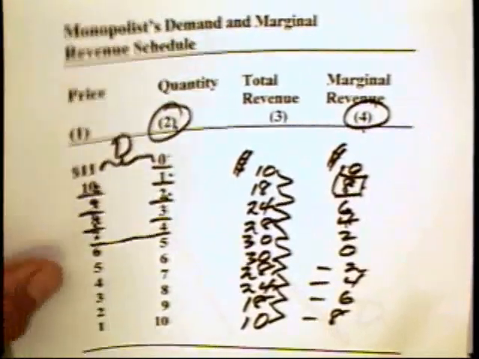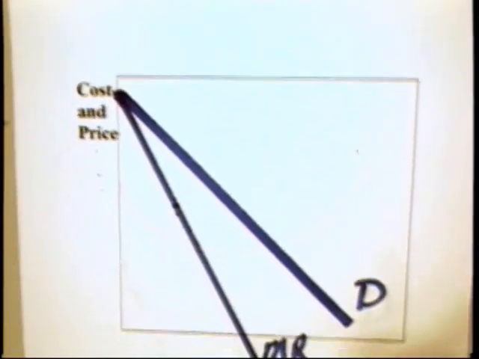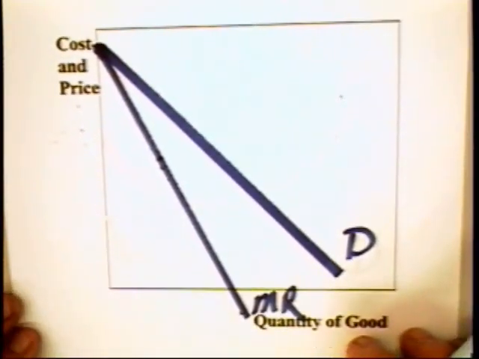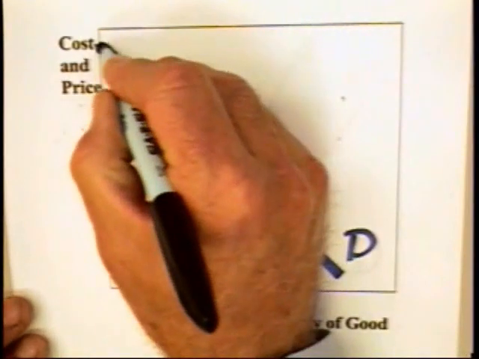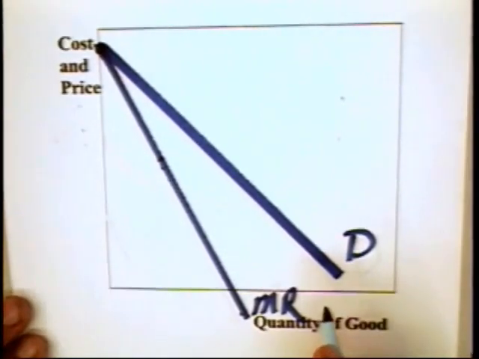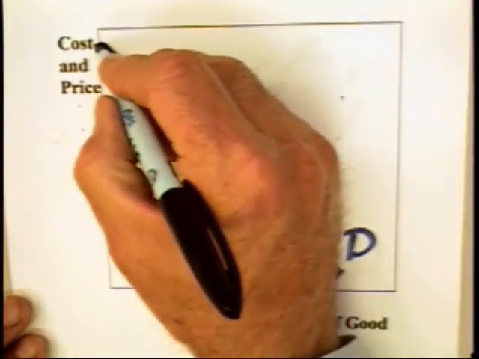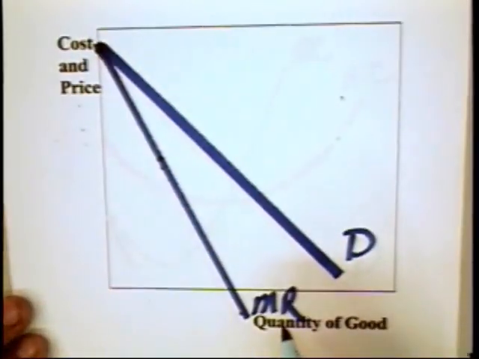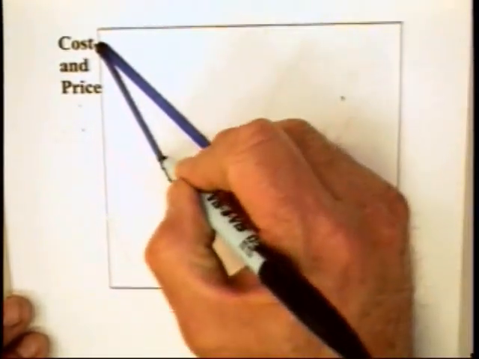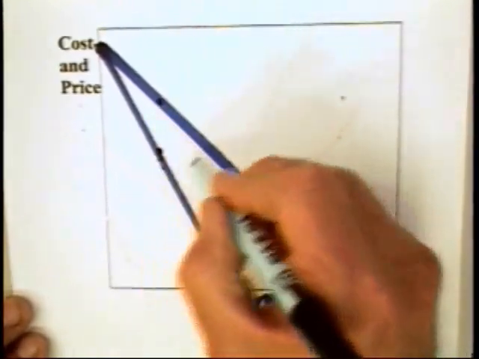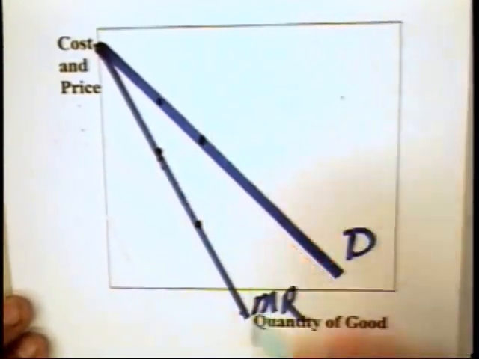If we do that, then we come up with a marginal revenue curve and demand curve that looks something like this. That is, the demand curve and marginal revenue curve start out at the same point, close to the vertical axis or on the vertical axis, but then they diverge. The marginal revenue for any quantity is always below the price.